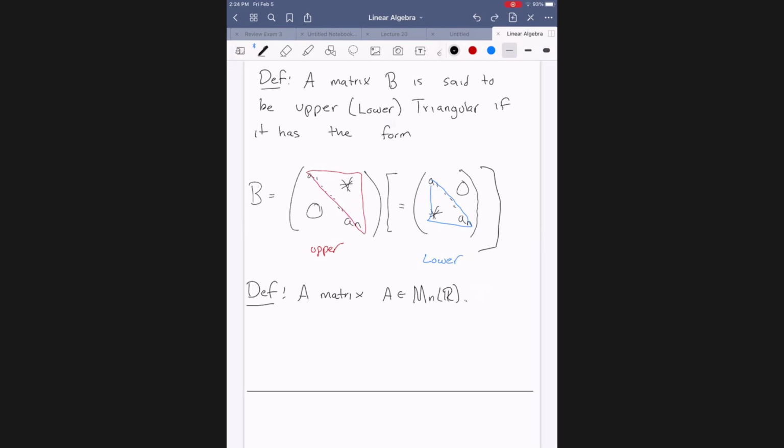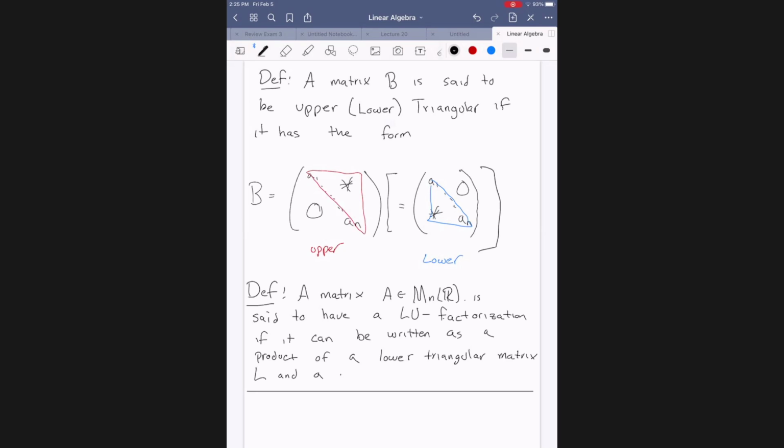A is said to have an LU factorization if it can be written as a product of a lower triangular matrix L and an upper triangular matrix, say U, right?